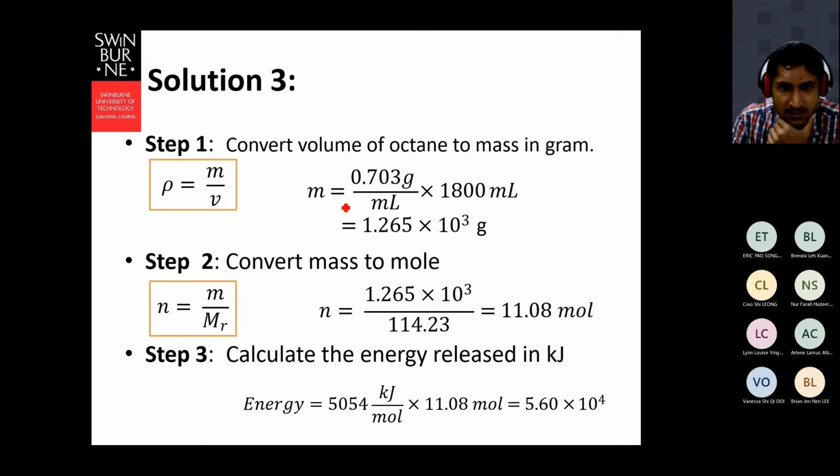So 1.8 liter means 1,800 milliliter, right?